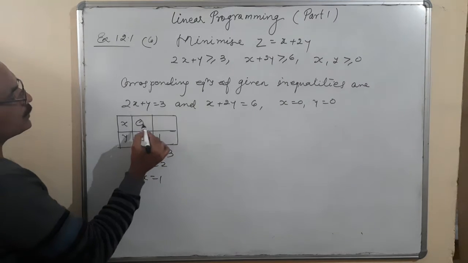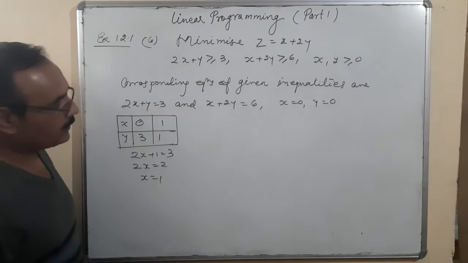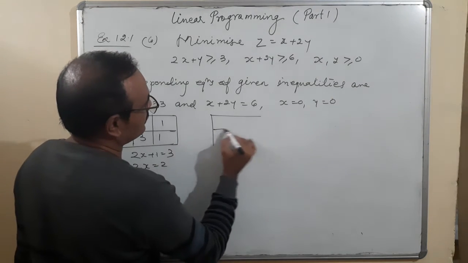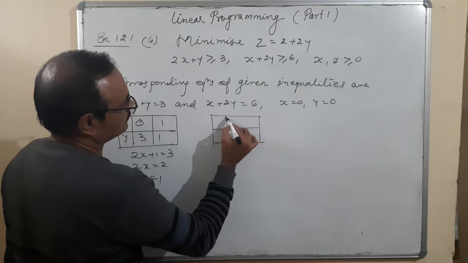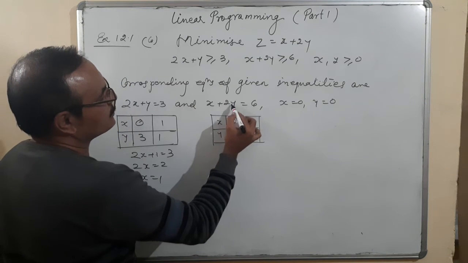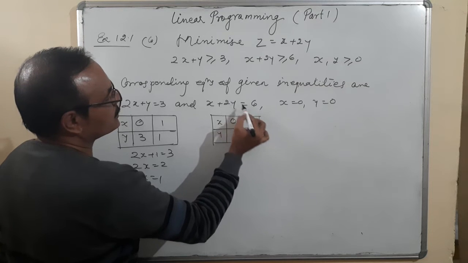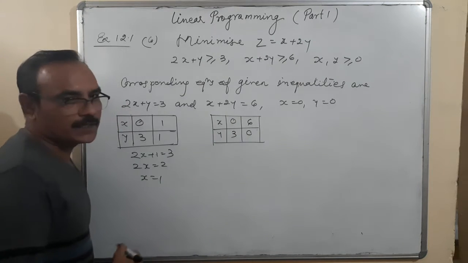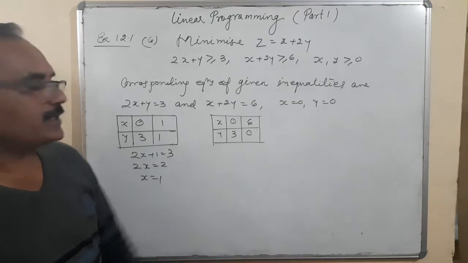So when y is equal to 1, x is equal to 1. Okay. And here, for the solution of this, when I put x is equal to 0, 2y is equal to 6, y equal to 3. When I put y equal to 0, x is equal to 6. It's okay.